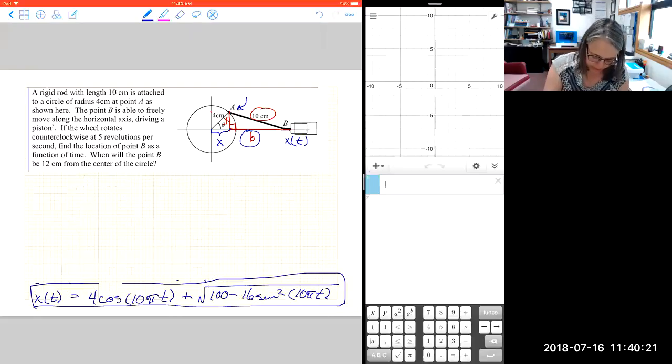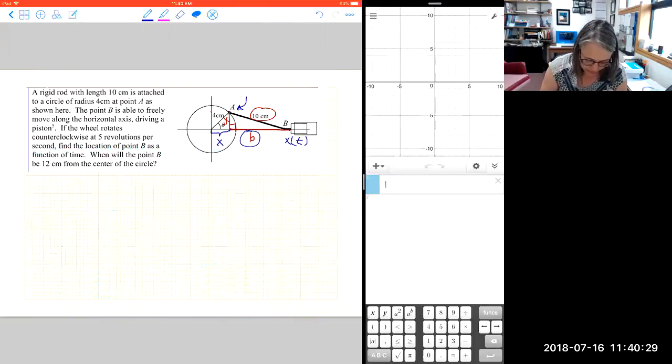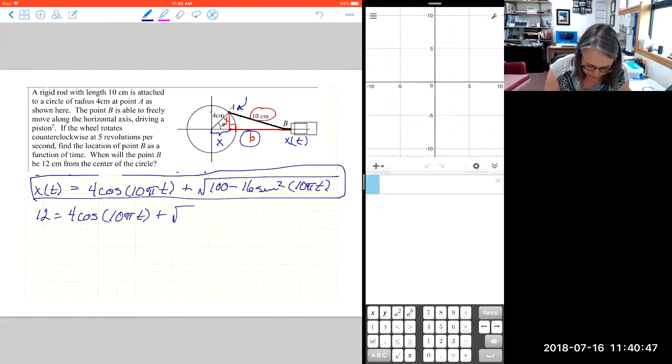And so that means that if I want to know the time when the rod is 12 centimeters from the origin, I'm really solving the equation 12 equals 4 times the cosine of 10 pi t plus the square root of 100 minus 16 times the sine squared of 10 pi t.